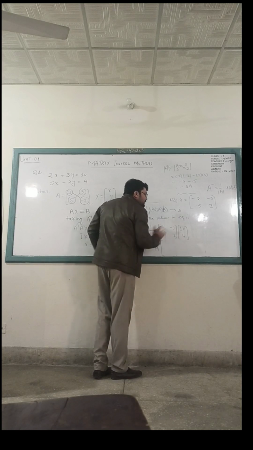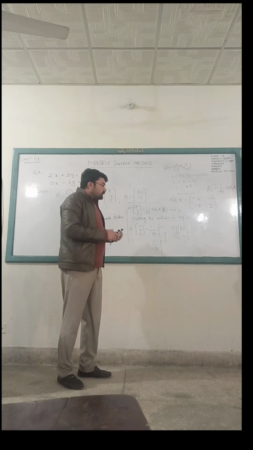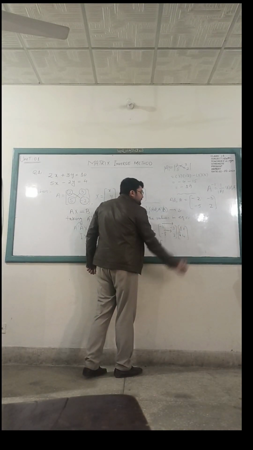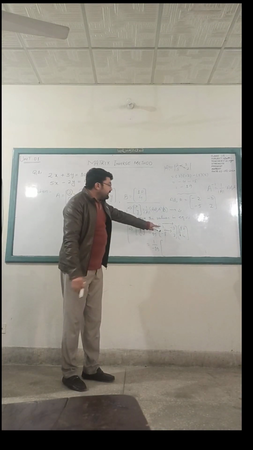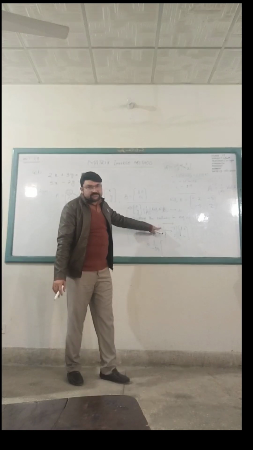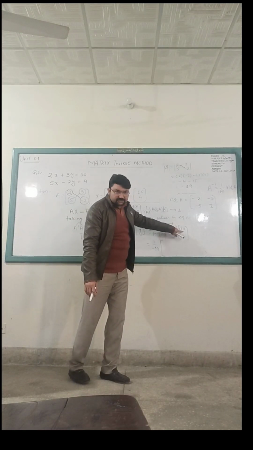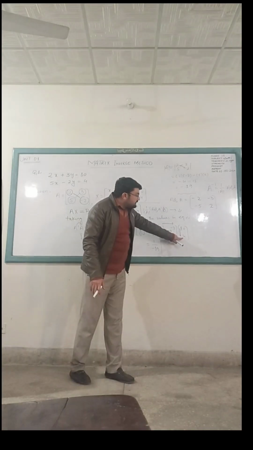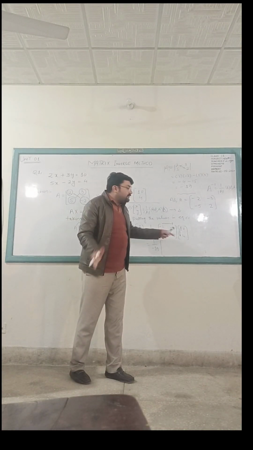And we will take the product of these two matrices. How to take the product? This is the first row, this is the second row, and this is just a column in the second matrix. We will take their product: the first entry of the first row multiplied by the first entry of the column, the second entry of the first row multiplied by the second entry of the column, and we will take their sum.